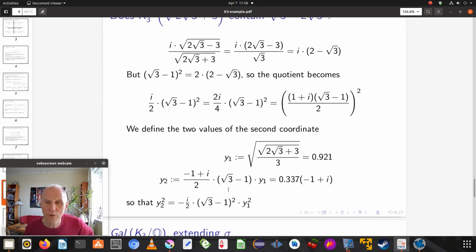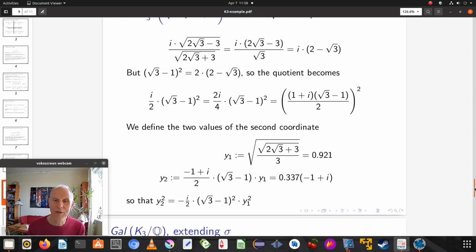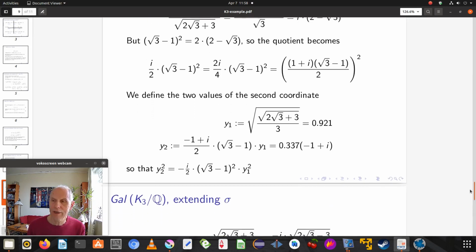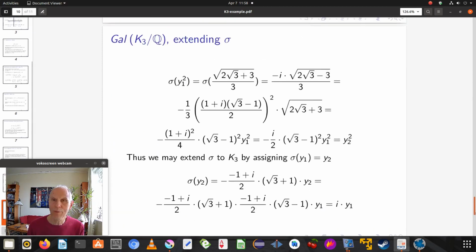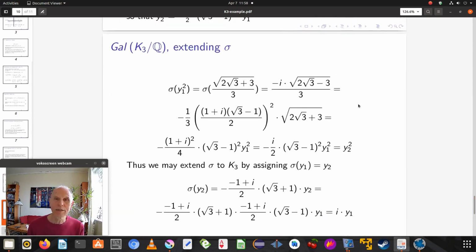There we go. And that implies that y2 squared equals this times y1 squared. And then we need to see how we can extend. Well, we have two guys to extend.